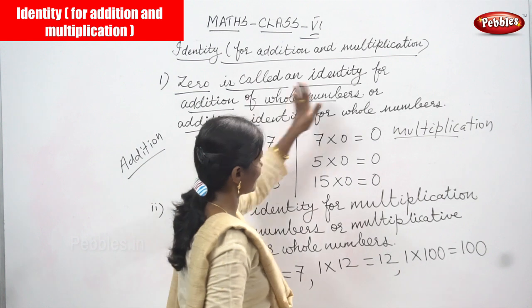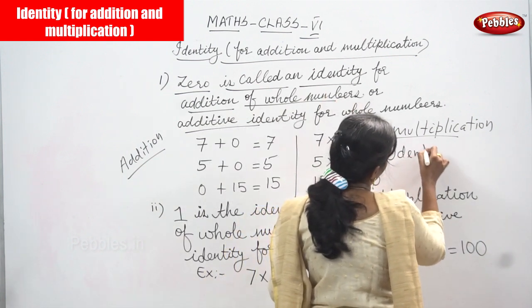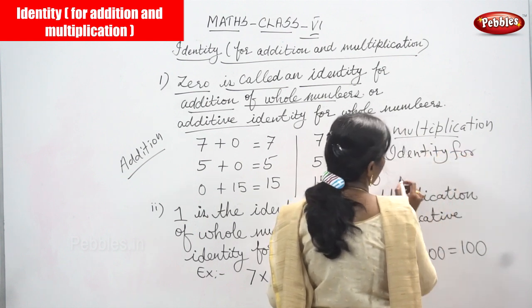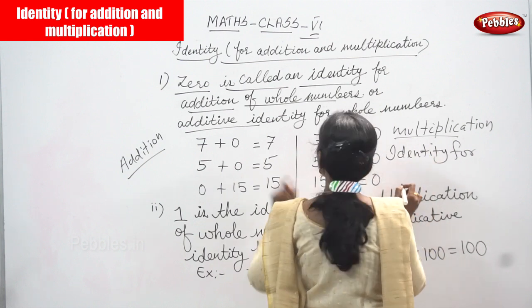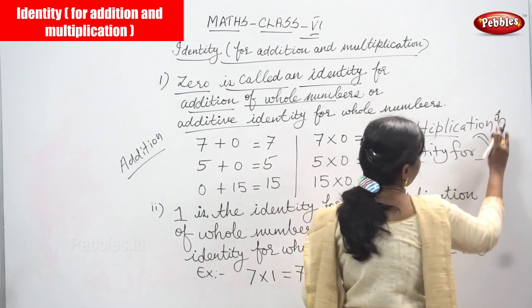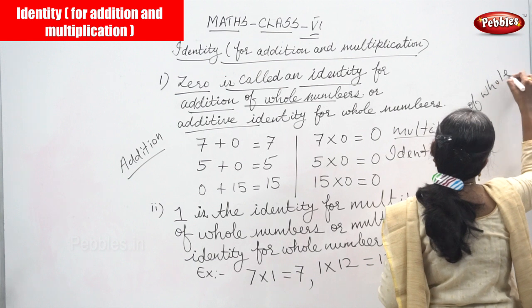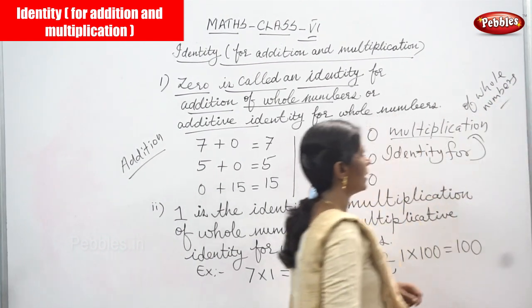We have seen this. This is the identity for what? Identity for multiplication of whole numbers.